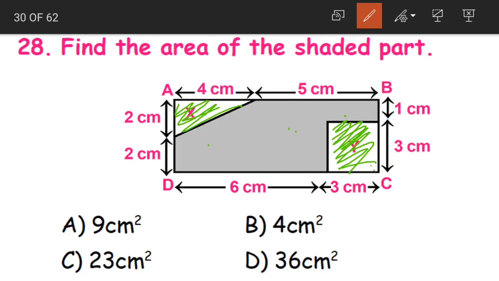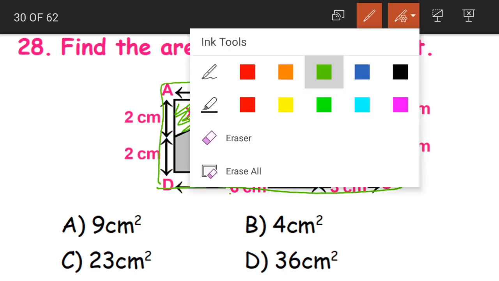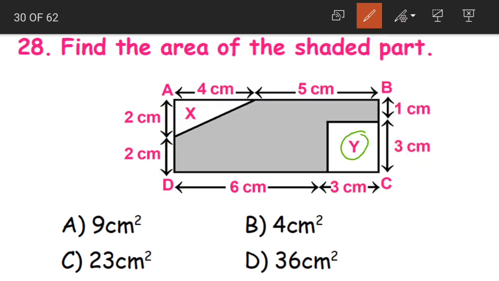So what can we do, children? First we need to find out the area of the entire figure, then subtract the area of square y and triangle x. Understood? We want the area of the figure without x and y.